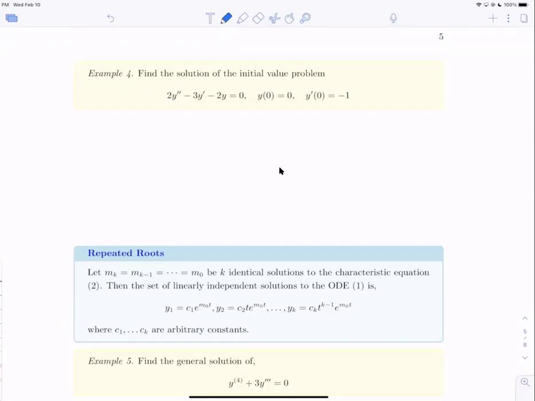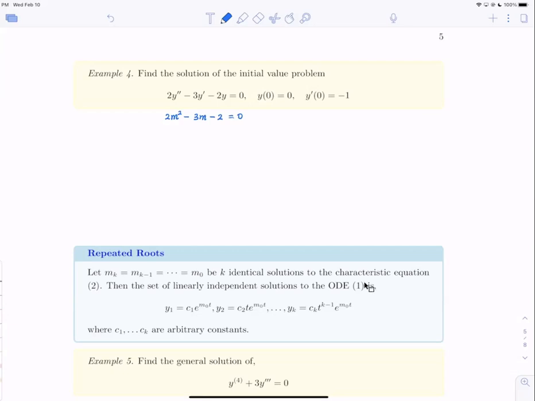First you keep your coefficients, so 2m to the power of 2, since this is the second derivative, minus 3m, since y prime is the first derivative so m to the power of 1, minus 2, since y itself is like m to the power of 0, which is 1. So this is the characteristic equation of our ODE.